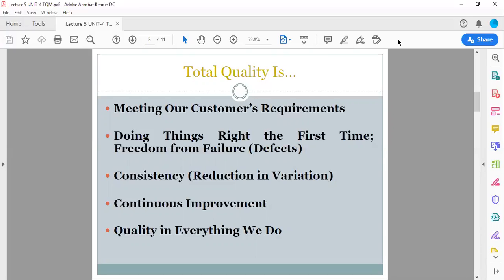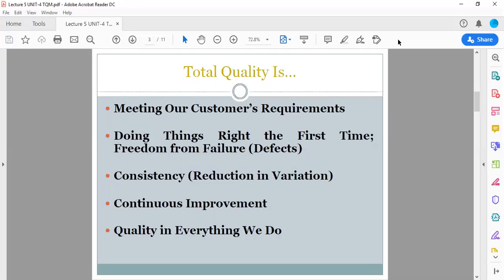That means we have to produce the product right the first time without any failure. Failure means defects. So we have to be consistent in our product, because we have to reduce variation. Whenever there exists variation, the product quality may deteriorate.